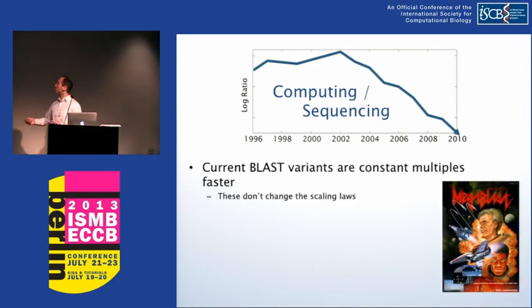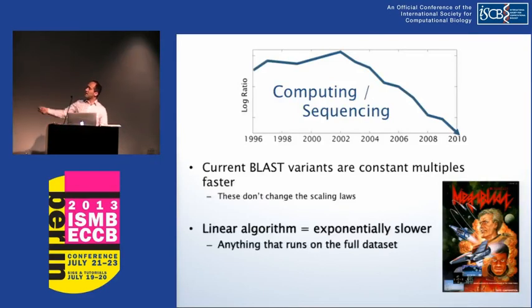But there are some current variants of BLAST that are constant multiples faster. There are a couple of vendors' booths that have quite impressive improvements. But these don't change the fundamental scaling law, which is really that anything that's linear, meaning any algorithm you do that looks at the full data set of a genomic library, or even some constant fraction thereof, is getting slower and slower.